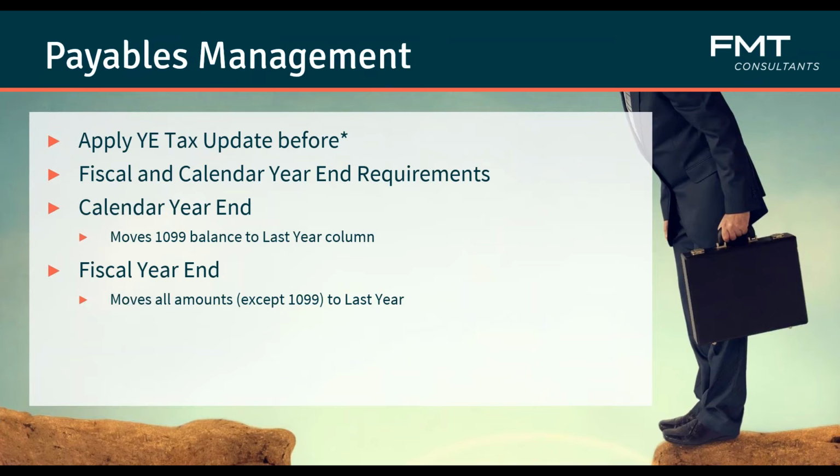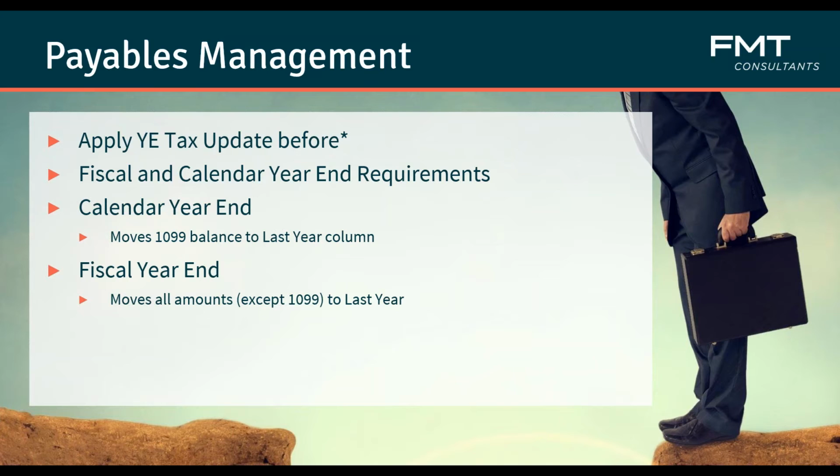If you're running a version prior to 2013, you're not going to get year-end tax updates, and in the case of payables you may have to use a third-party solution like Green Shades or something else to print your 1099 forms, because the year-end tax update from Microsoft provides the form changes. There are a few form changes provided in that tax update regarding the 1099 as well as the 1096, so you're going to want to apply that before you run this process.